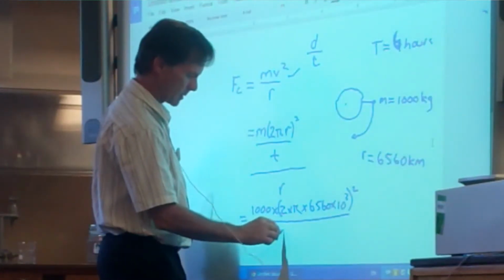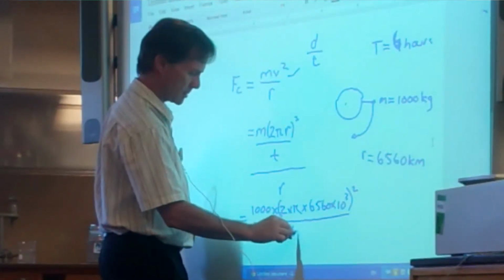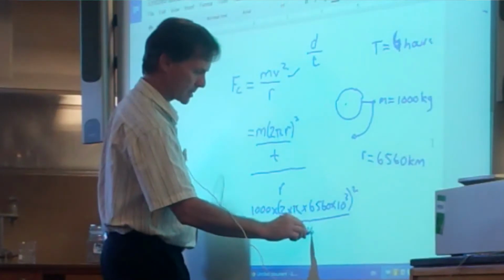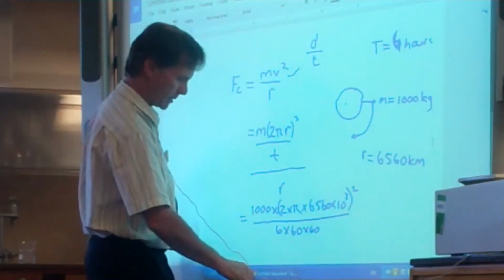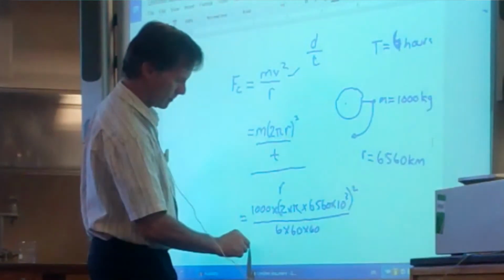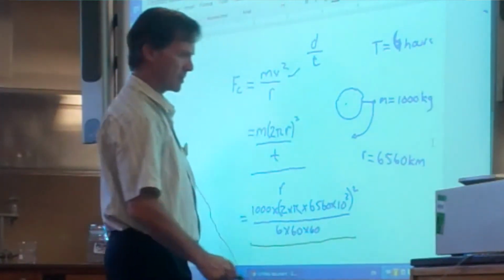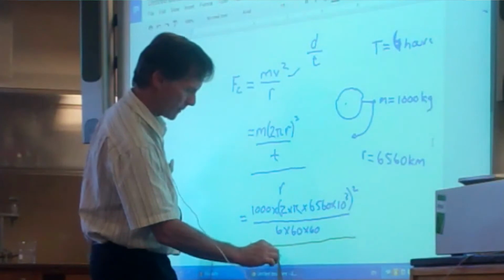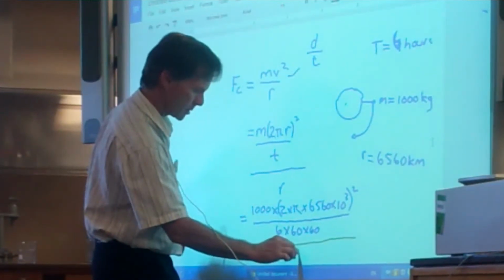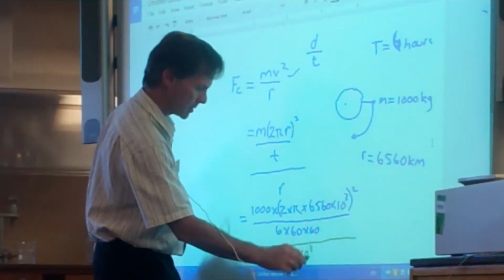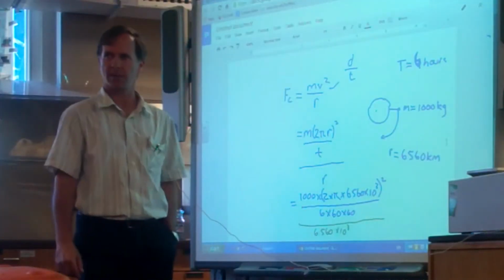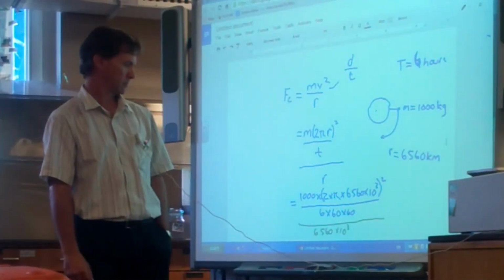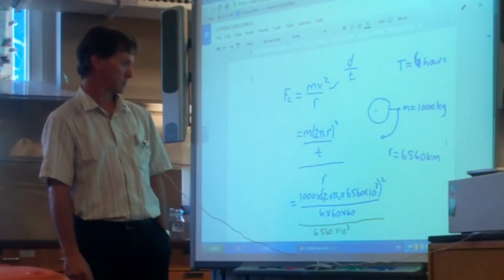And then it's going to go over 6 times 60 minutes times 60 seconds for the time. And then the bottom half of the equation is going to be over 6560 times 10 to the 3, because we're doing metres. Why change the formula from mv squared to m times 2 pi r squared?